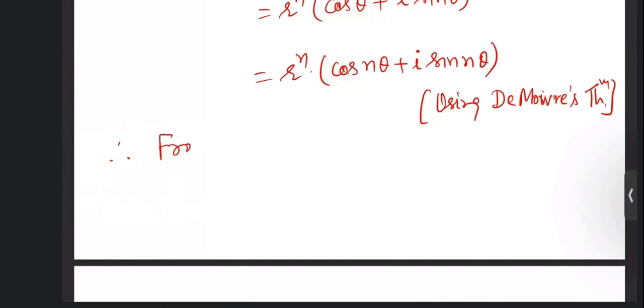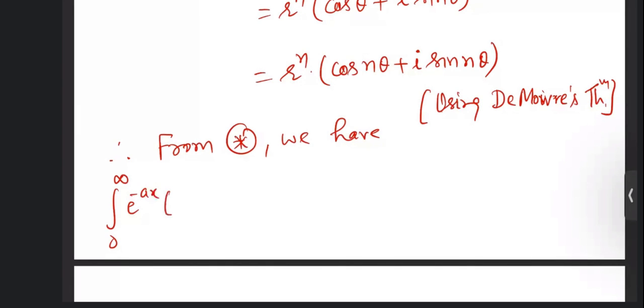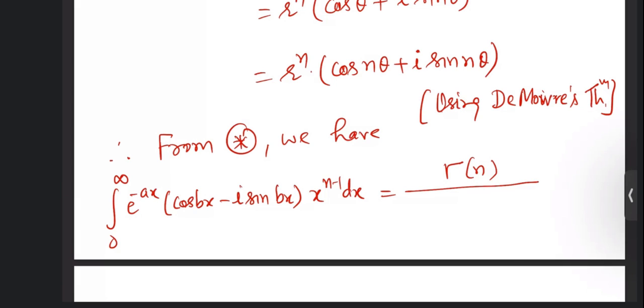From star we have, left hand side, the integral from 0 to infinity of e raised to the power minus ax into (cos bx minus iota sine bx) x raised to power n minus 1 dx is equal to gamma of n divided by r raised to the power n into (cos n theta plus iota sine n theta).